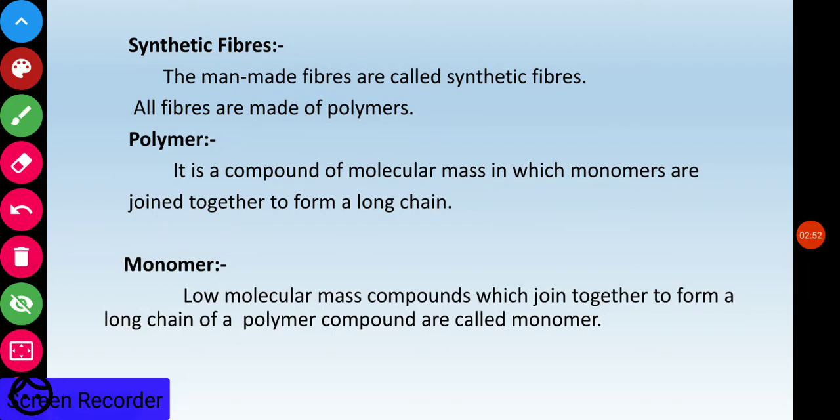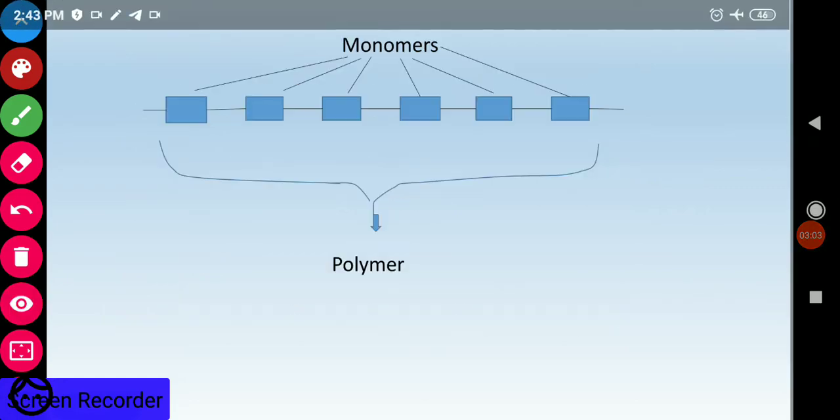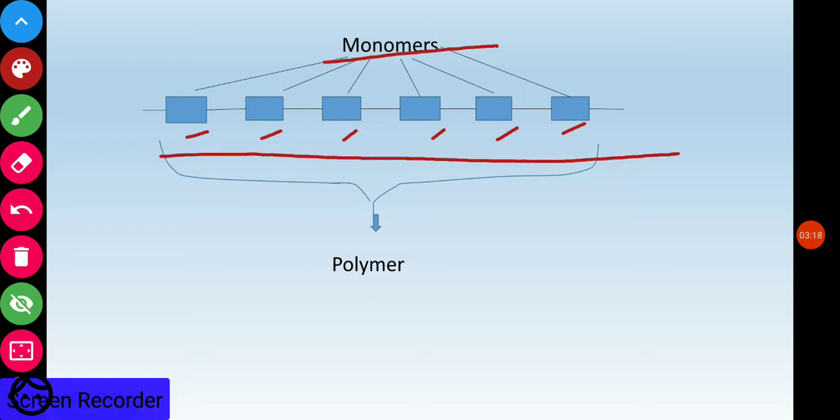Monomers are low molecular mass compounds which join together to form a long chain of a polymer. So this single unit, all these single units which are looking as beads in a mala, are called monomers. And when all the monomers are joined together, then it is called a polymer.